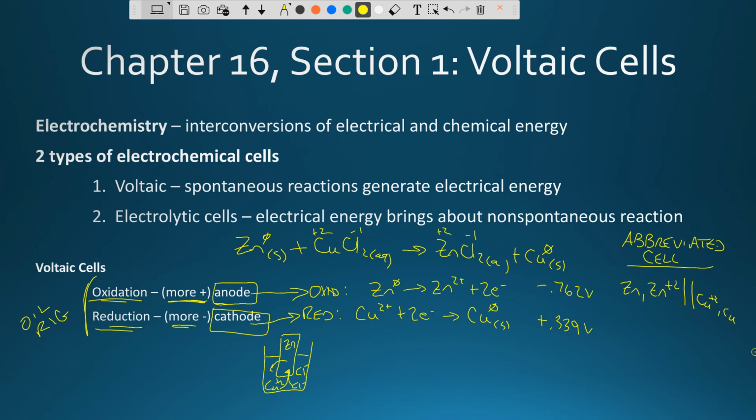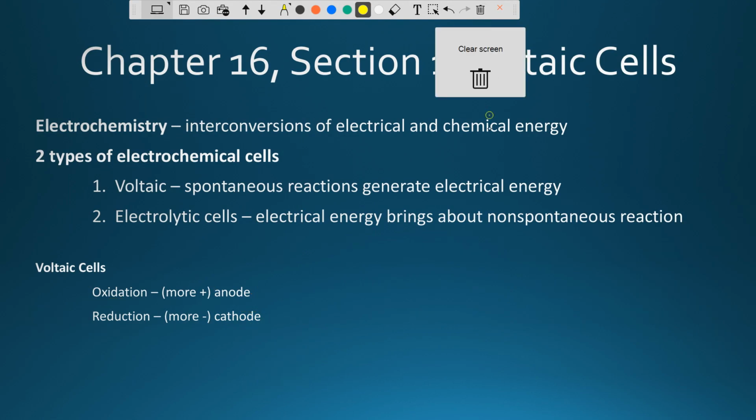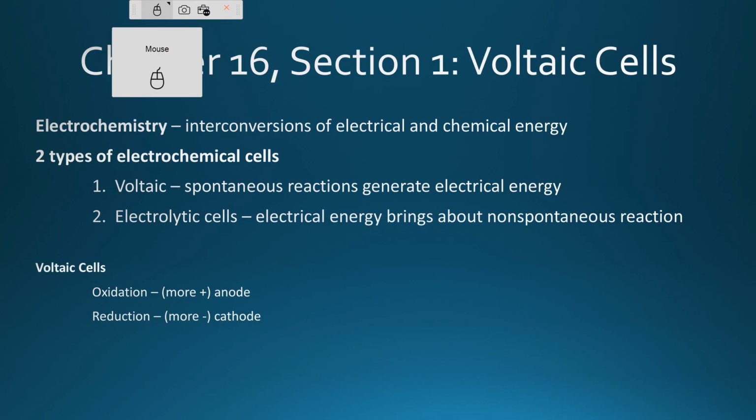Okay, so it's a reduction, and this is my oxidation end of things, and this is my reduction end of things. Okay, so that means this is my anode and this is my cathode. So that's how all that works in terms of a redox reaction when you have a metal that's just being placed within a solution.